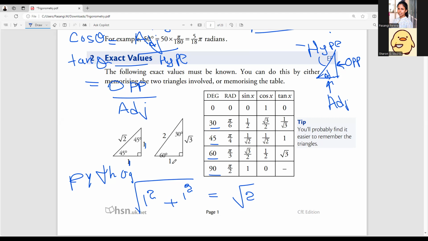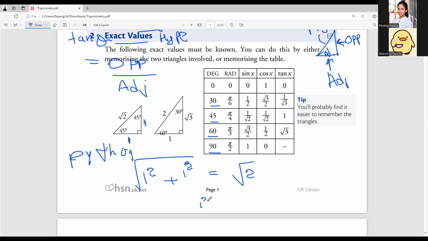And then by using the Pythagoras theorem, we can calculate the value for height. That is how 1 squared plus square root 3 squared get complete square root.